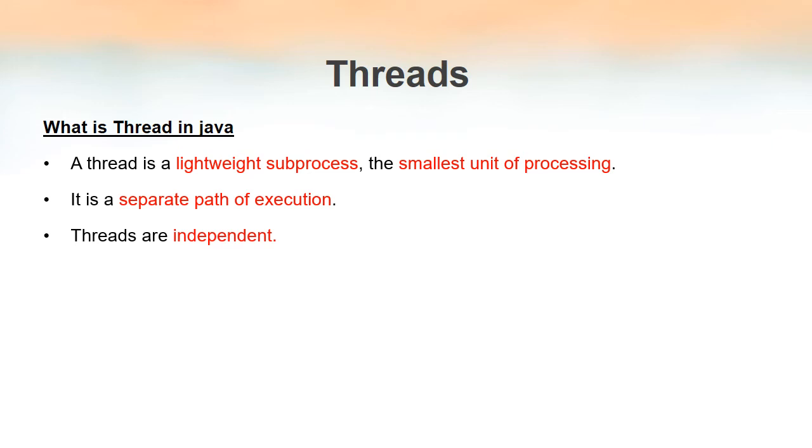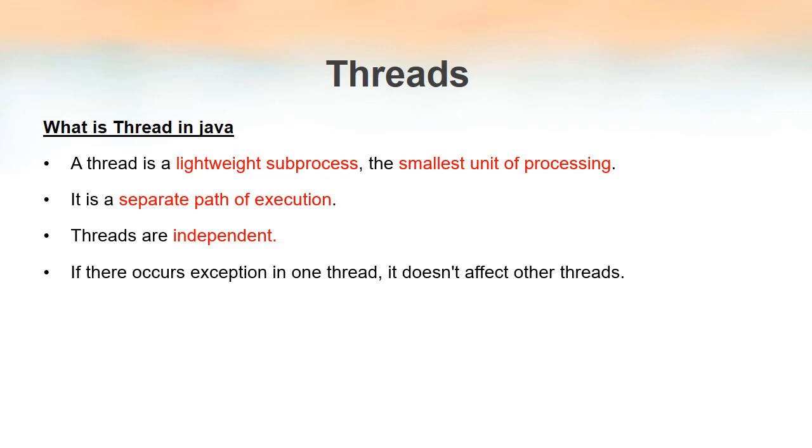Threads are independent. That means if we have 100 threads, each of them is independent of each other. They don't bother about the others. They do not depend upon each other. That is why we say they occur concurrently, that means parallelly without affecting each other. Why are they independent?